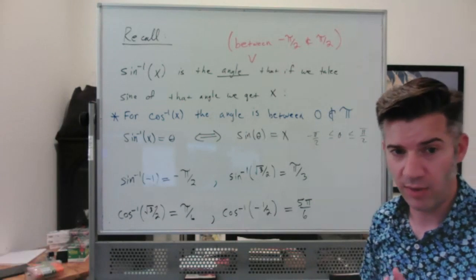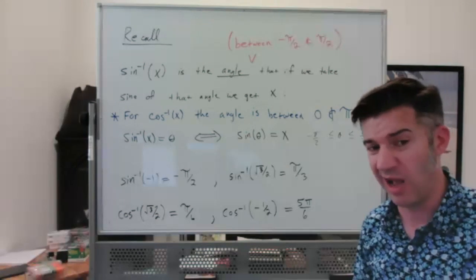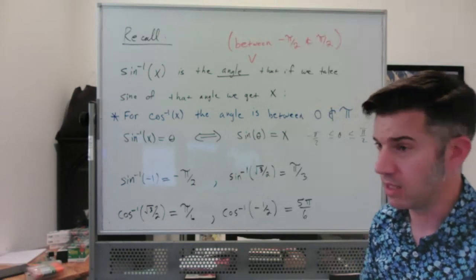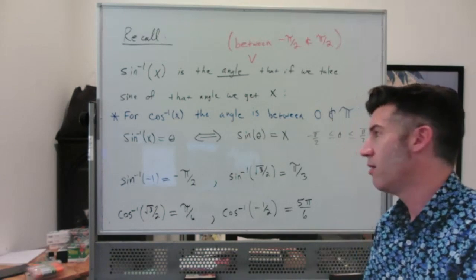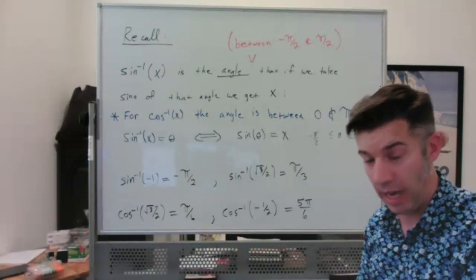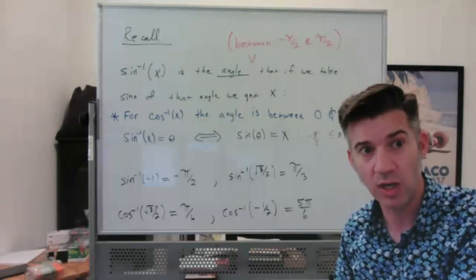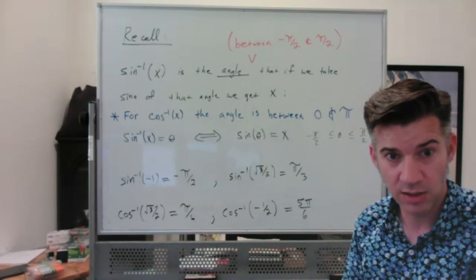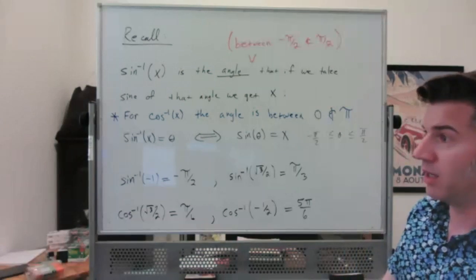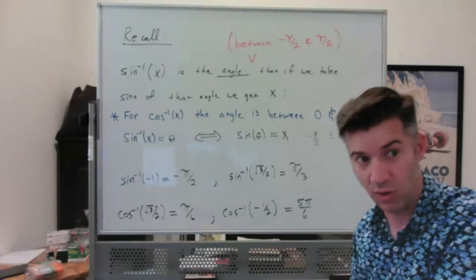What I do want to point out though is inverse secant and inverse cosecant are a little weird and we're not going to really cover them. But if you encounter them in the future, come ask me about them, because there's actually not agreement in the mathematical world about what the range of inverse secant should be. Some people think the range should be angles in the first two quadrants like inverse cosine.